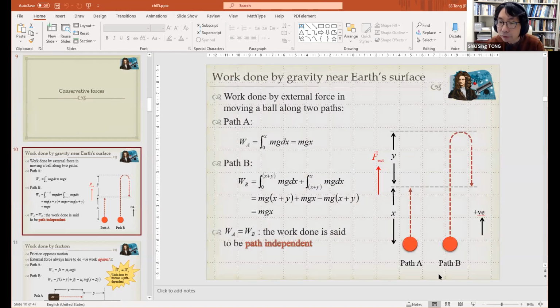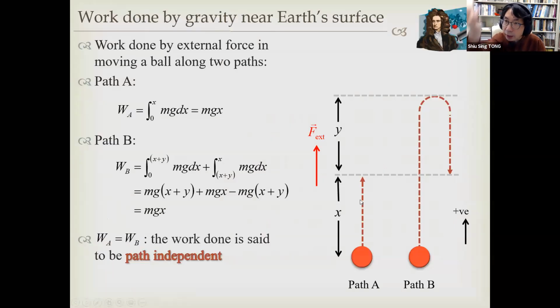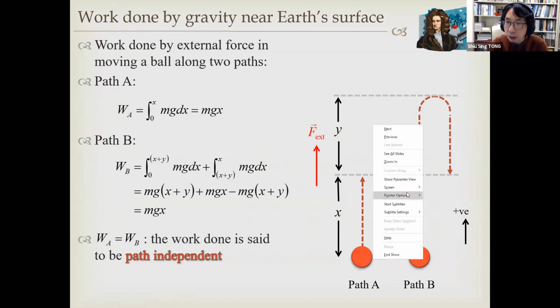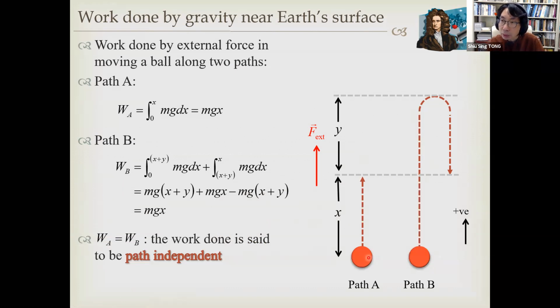Now let's begin with a simple example of raising a ball against the Earth's gravity. We have a ball originally at a certain height. We raise the ball by a vertical distance of x.